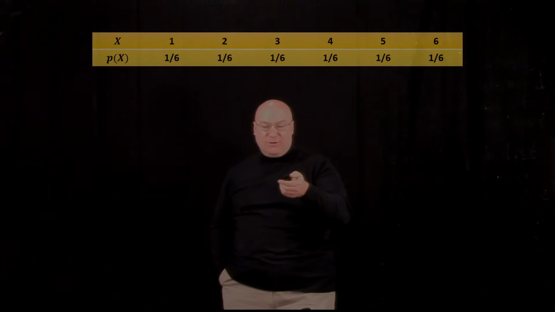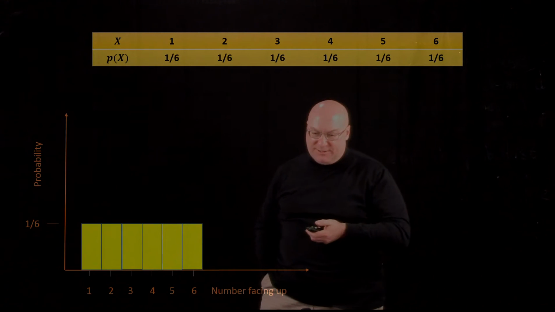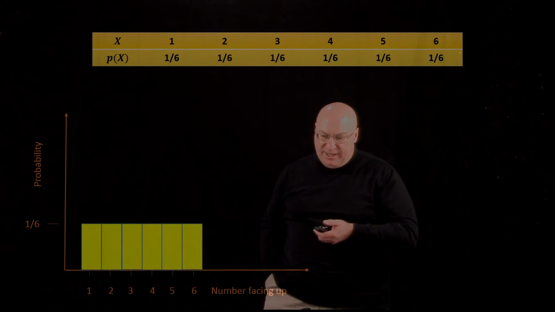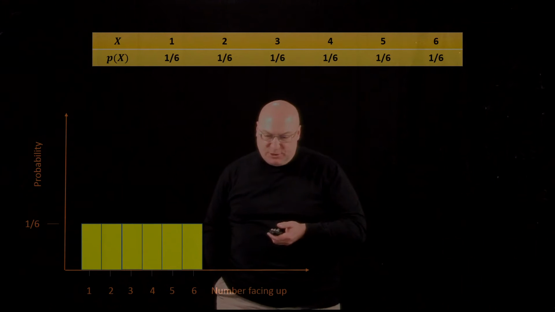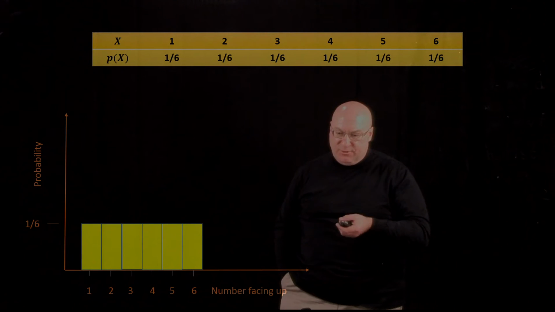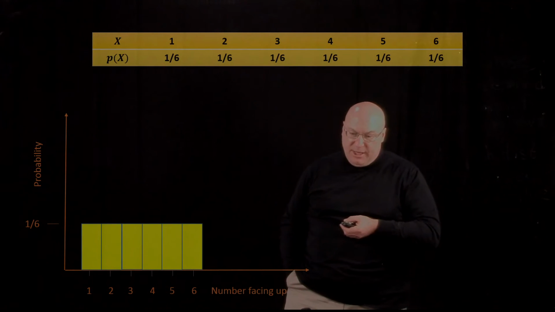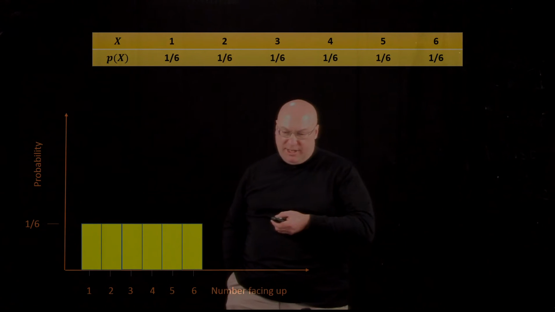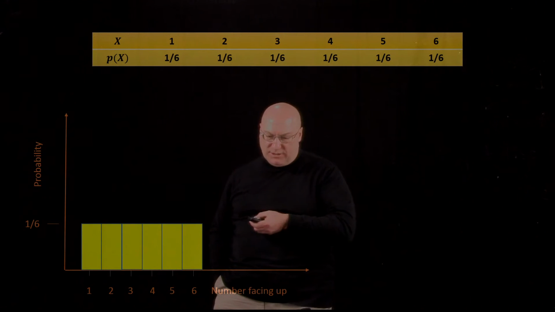Okay, here's what you should have, something that looks like this, right? Kind of boring. The first bar is centered above 1, and the next one above 2, et cetera, all the way up to 6, and each one has probability, or height, 1/6.